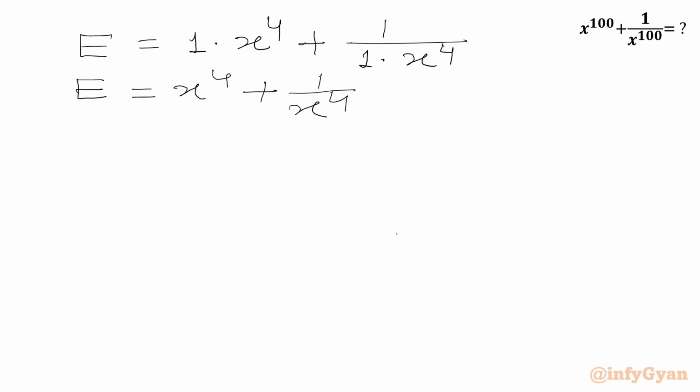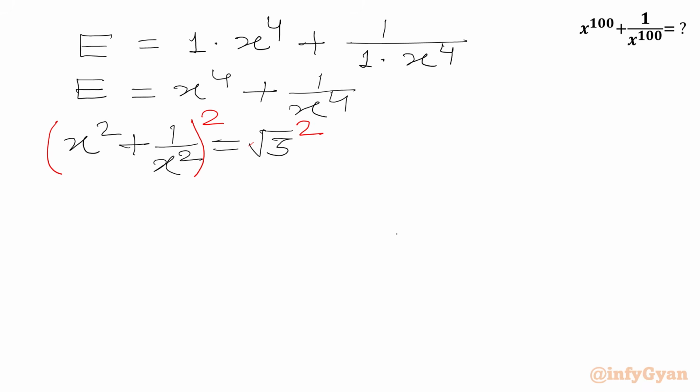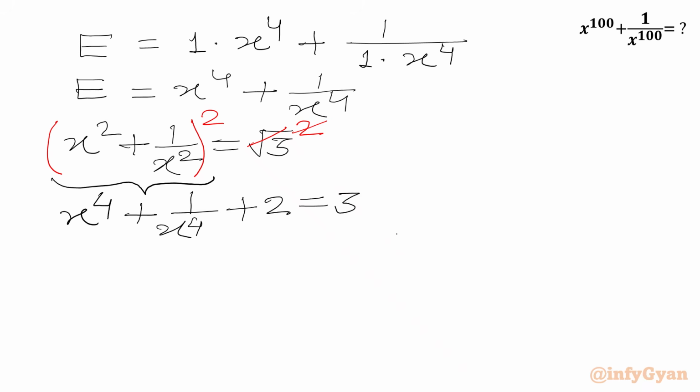Now we will write our equation 1. Equation 1 was x square plus 1 over x square equal to square root 3. Now we will be squaring both sides. So I will put power 2 in the LHS as well as in the RHS. The square root and the square will be cancelled out from the right hand side. We'll be using the a plus b whole square identity in LHS and write x power 4 plus 1 over x power 4 plus 2 equal to 3.